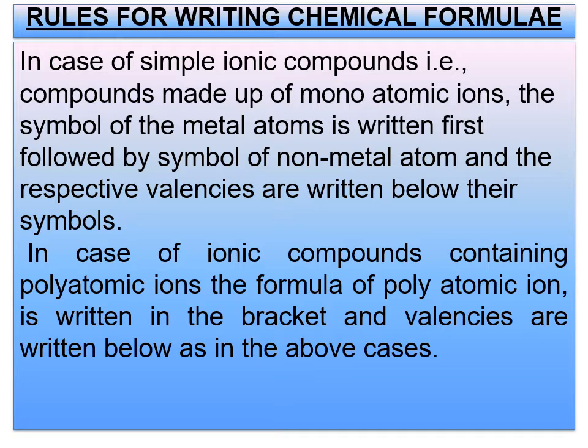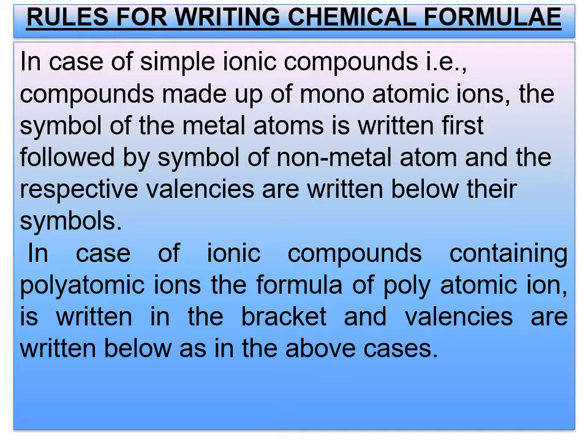In case of ionic compounds containing polyatomic ions, the formula of the polyatomic ion is written in brackets and the valences are written below as in the above cases. So children, these are the rules you have to remember for the first three types of compounds: molecular compounds, ionic compounds and polyatomic ions.